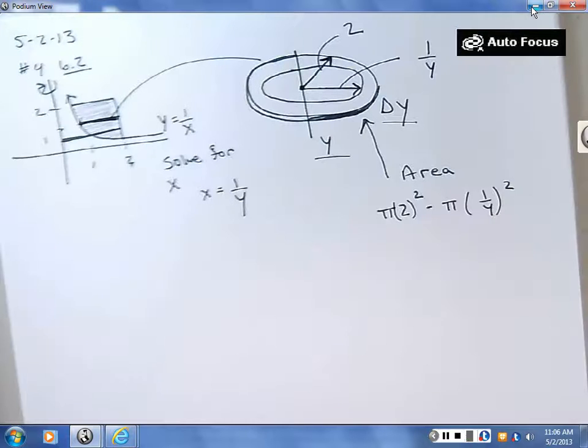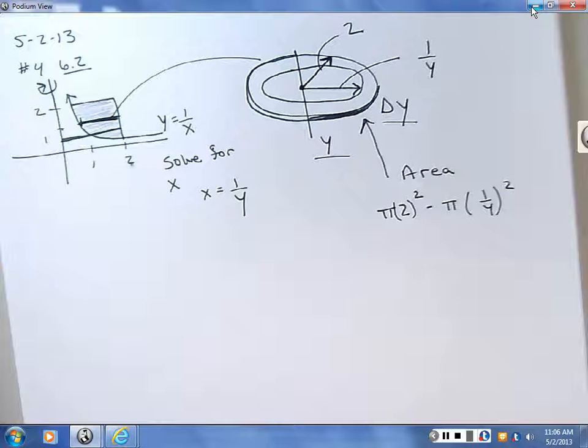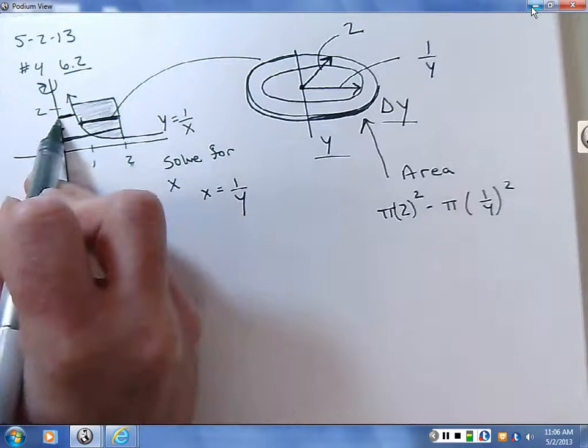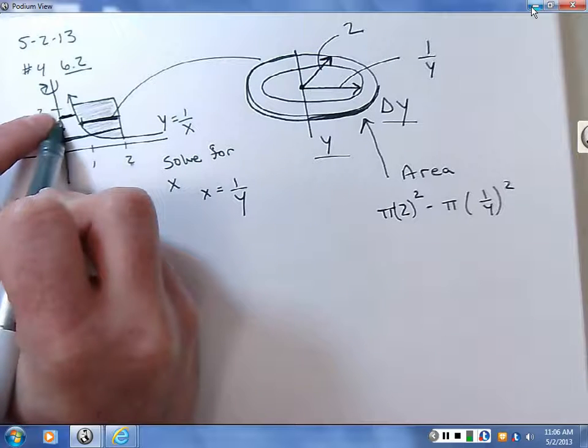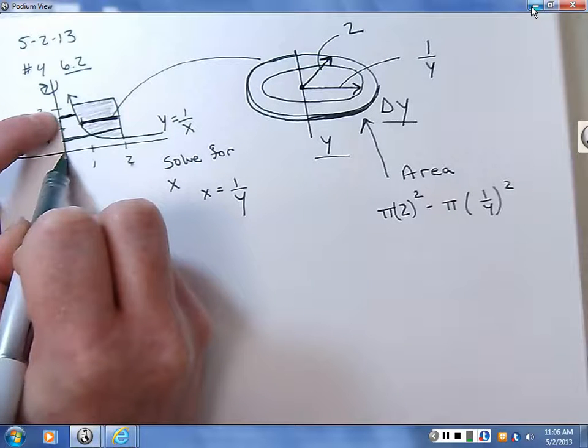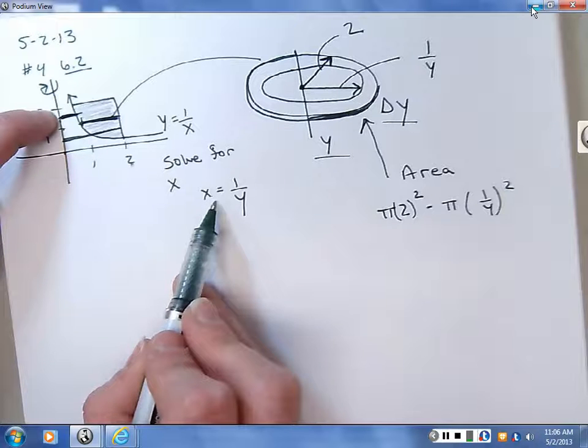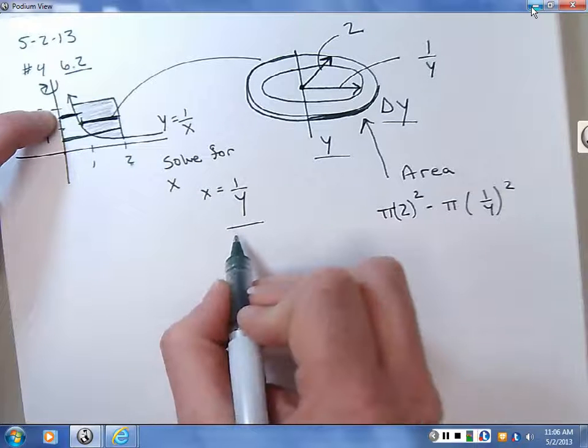Can you just solve for x in terms of y to get the distance of the inner circle? Yes. This distance here is represented by the distance between x equals 0 to this y value. And that x value is what you get when you solve for x. So this has to be a function of y.